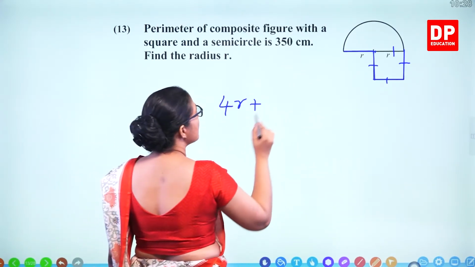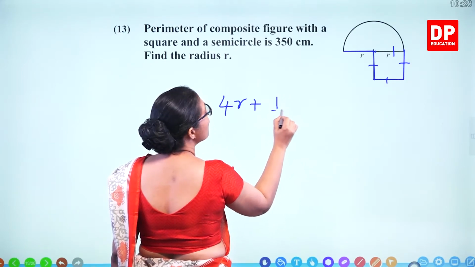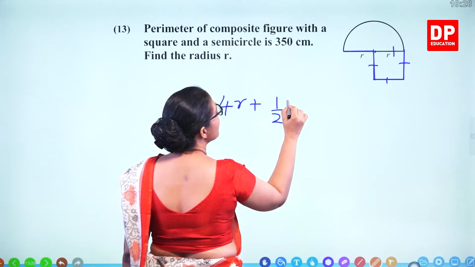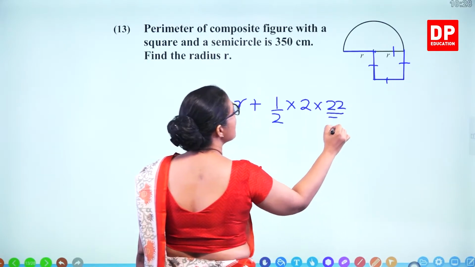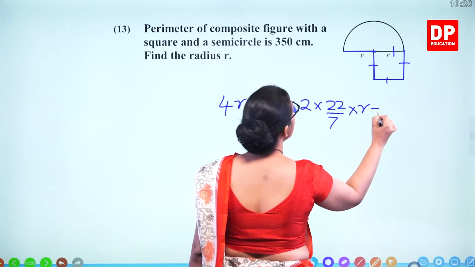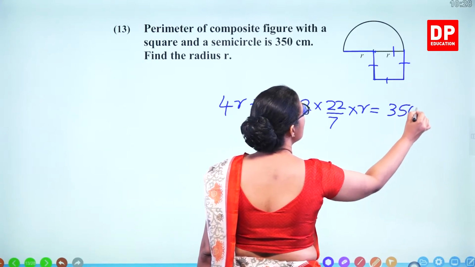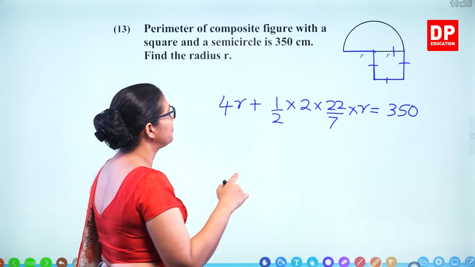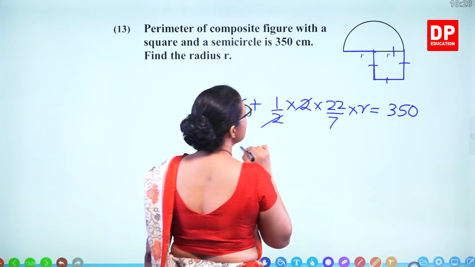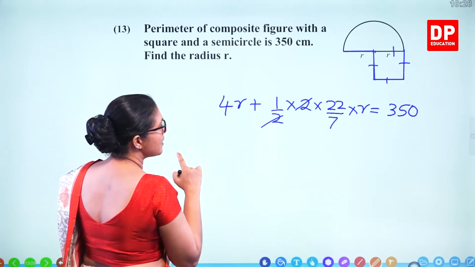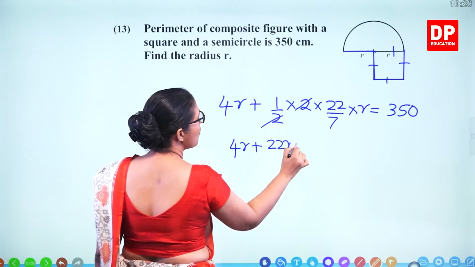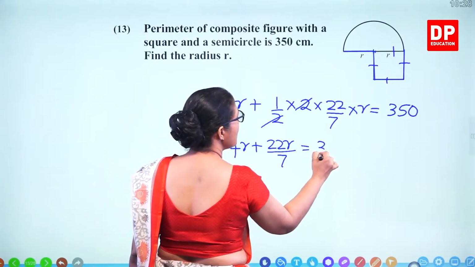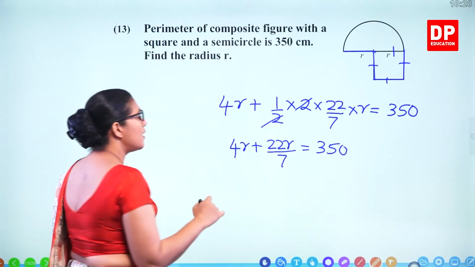What is arc length? That's half of 2 pi r. 2 pi is 22 over 7 r. That's equal to 350 because perimeter means outer length. So 2 and 2 get cancelled out. You get 4r plus 22r over 7 is equal to 350.